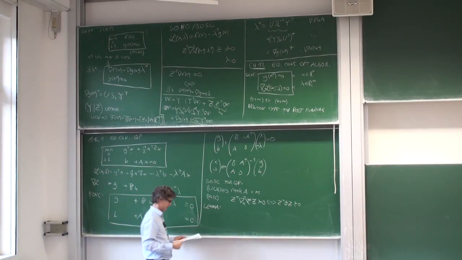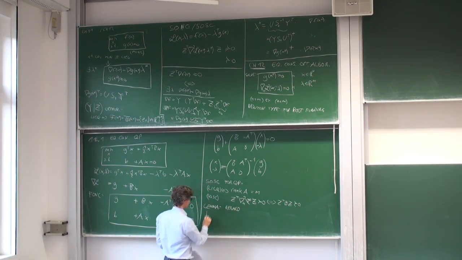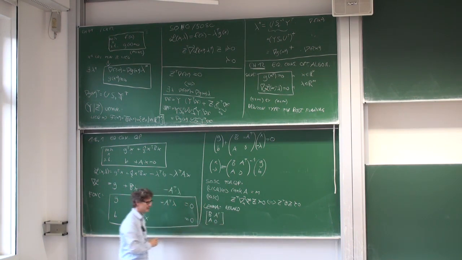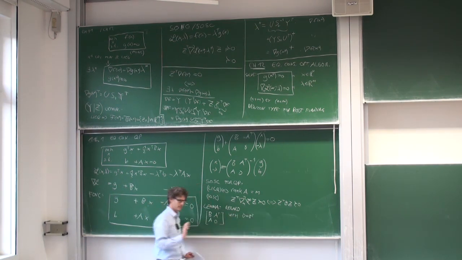And this lemma says that we regard a matrix, namely, it's a completely algebraic lemma, so to say. So we just look at this matrix, where B is symmetric. And that's it.